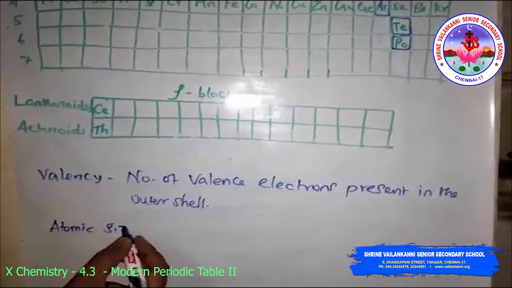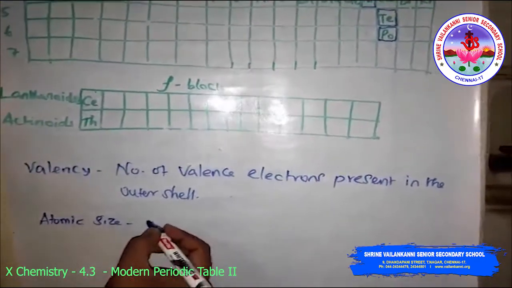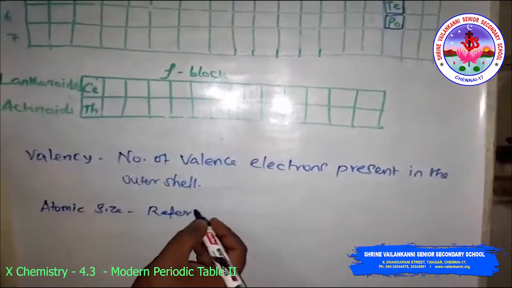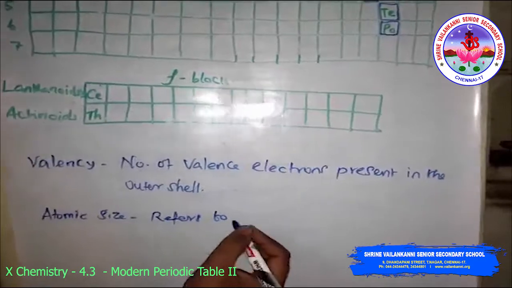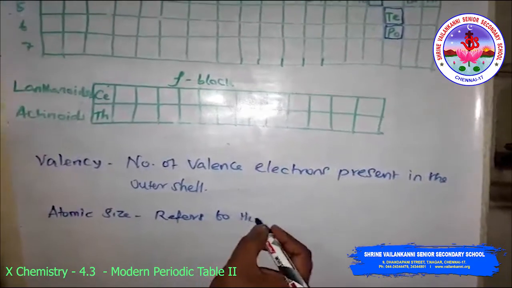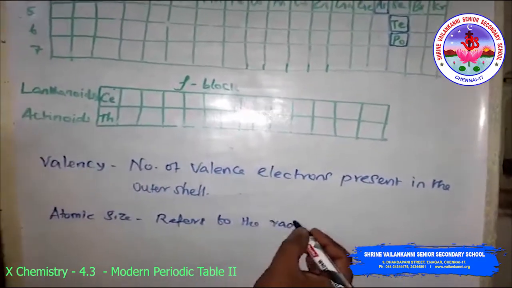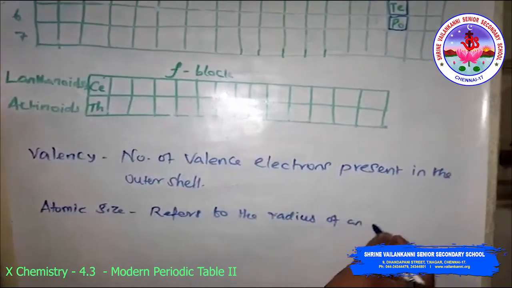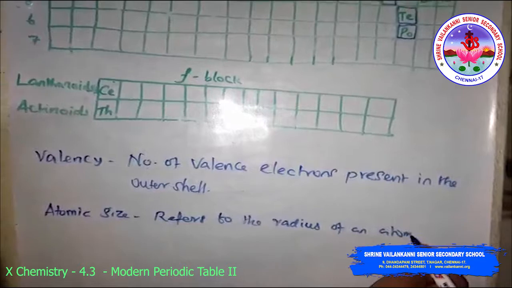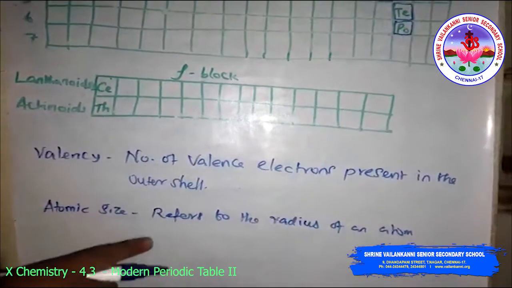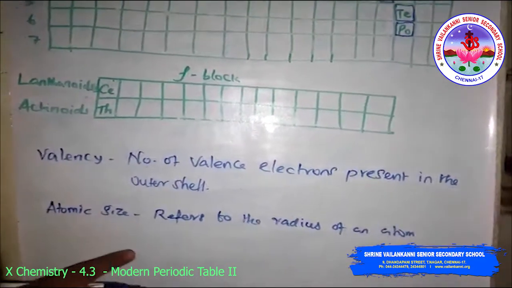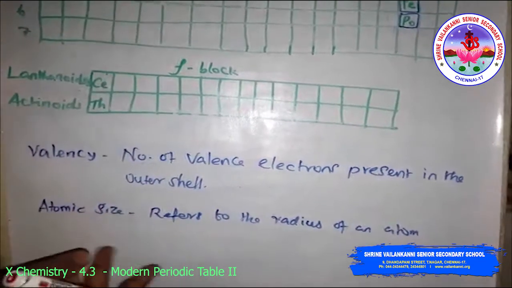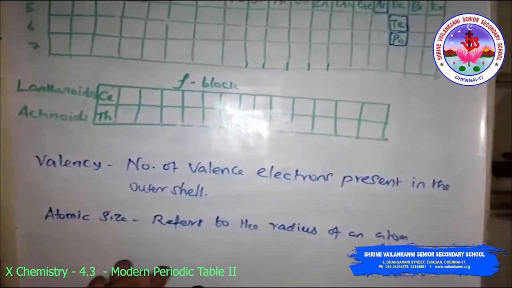Atomic size refers to the radius of an atom. So this is called atomic size. The atomic size may be visualized as the distance between the center of the nucleus and the outermost shell of an isolated atom.